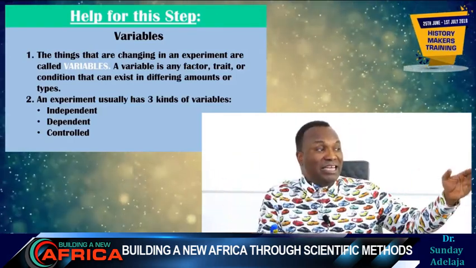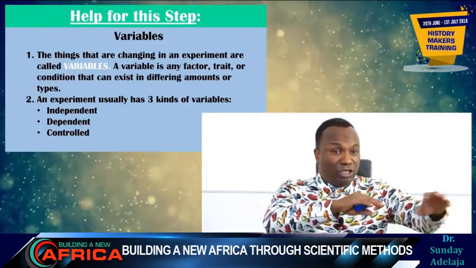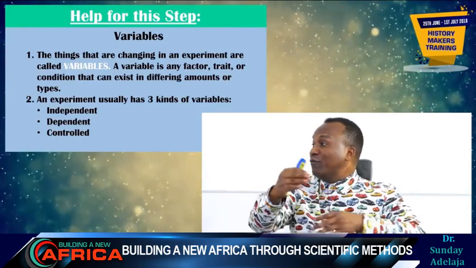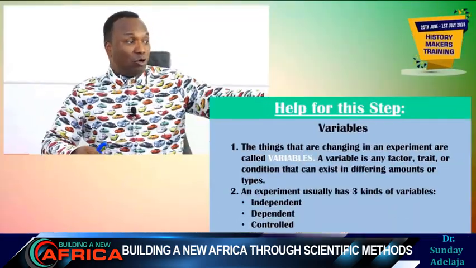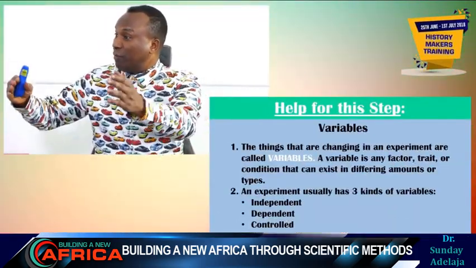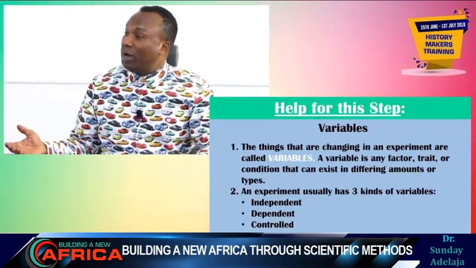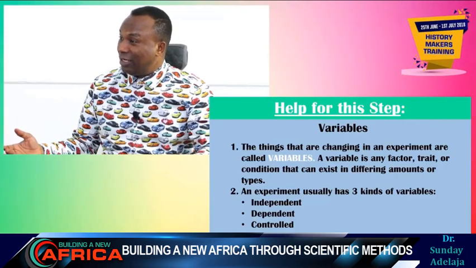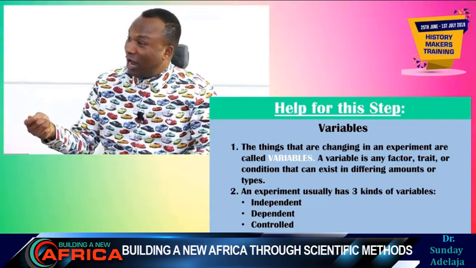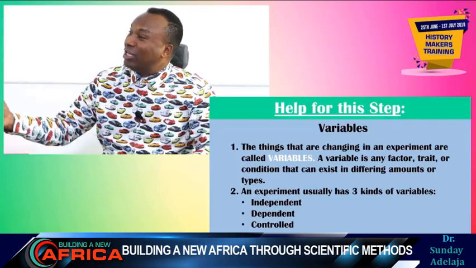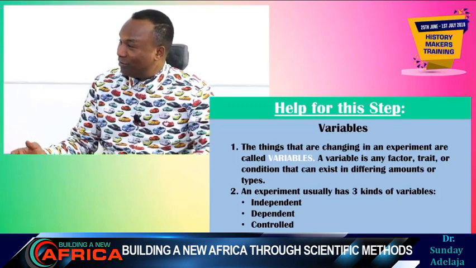So independent is that you can do it independently, but dependent is that you cannot influence it. And control is that you fake it. It's something you come up with. That's what they do normally when they want to test medicine. They put the medicine in food and give it to rats to eat. And if the rats can eat, that's controlled variables.